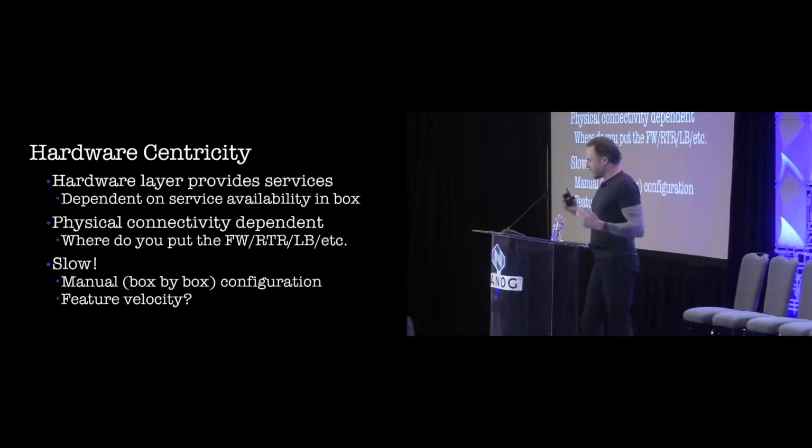And then also, in a lot of cases, this is manual box by box configuration. And then, like I said, feature velocity. Am I willing to upgrade the software package on my router that's potentially going to take down my whole network for one feature or not? And that question leads to a little bit slower agility in being able to add new features and new services to your network.